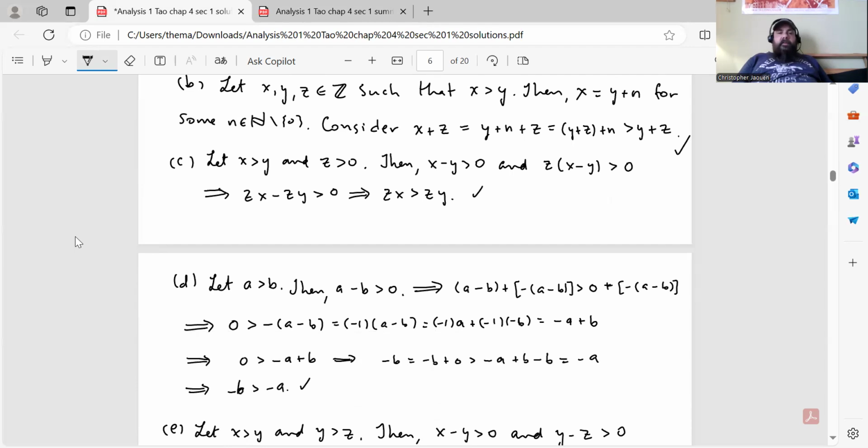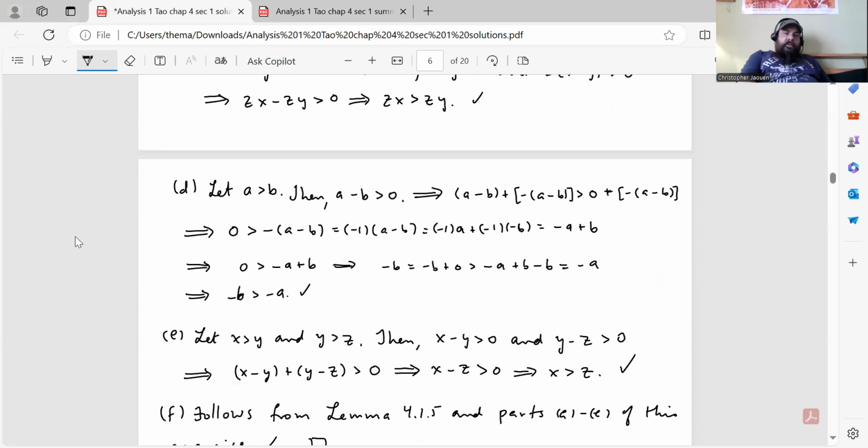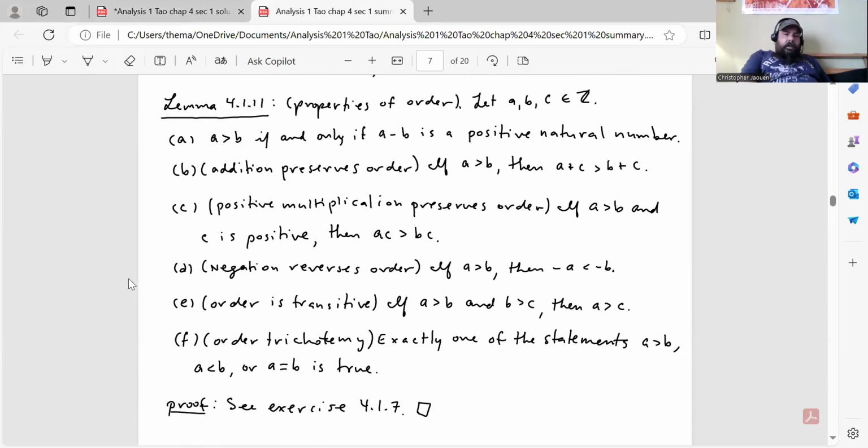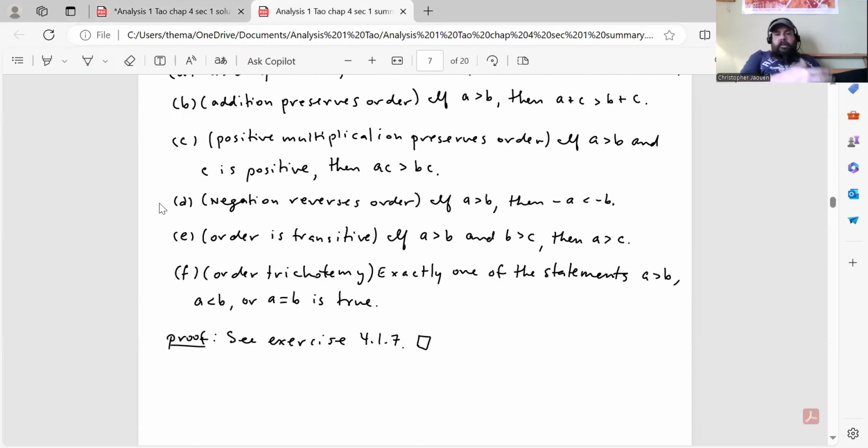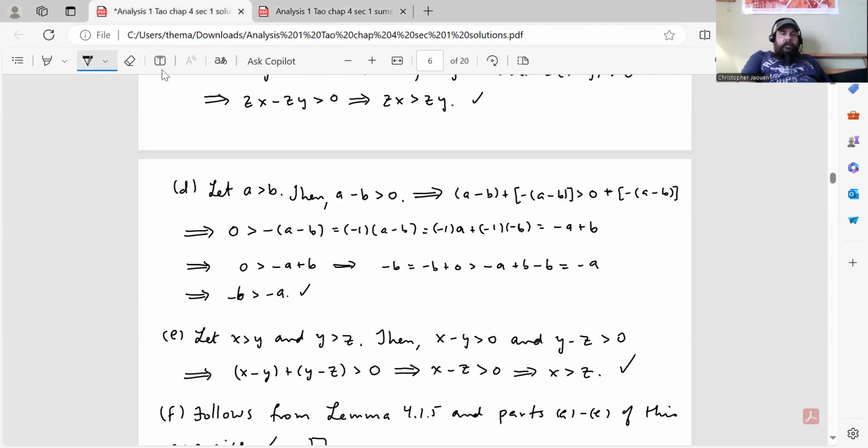Let x be greater than y and z positive, then x minus y is positive, and z times x minus y is positive, which implies that zx minus zy is greater than 0, which implies that zx is greater than zy. All right, part D, negation reverses order. In other words, we want to show if a is greater than b, then minus a is less than minus b. All right, here's the proof.